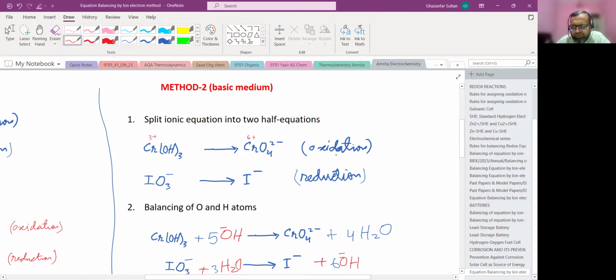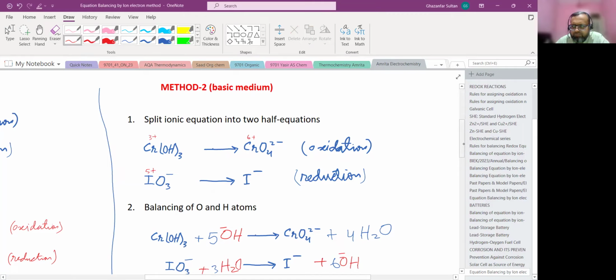It means there is loss of electrons. So this is oxidation. And iodine was 5 plus, but here it is minus 1. So it means it has gained some electrons. How many electrons must be gained? Plus 5 becomes neutral, so 6 electrons it has gained. So it becomes reduced to iodide.